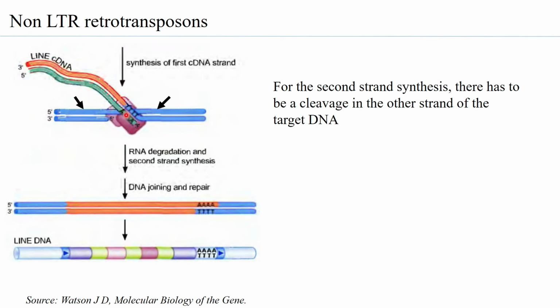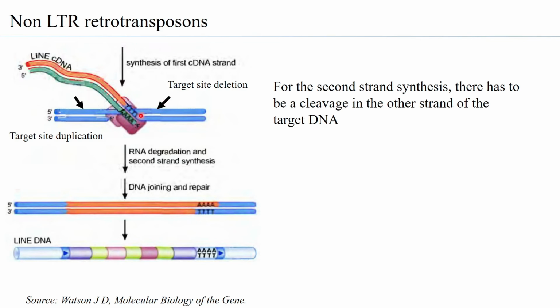And interestingly, what has been observed is that the cut could be either or, and if the cut is on this side, then you have target site deletion, okay? While if it is here, then you have target site duplication. Many studies have revealed that this is what happens.